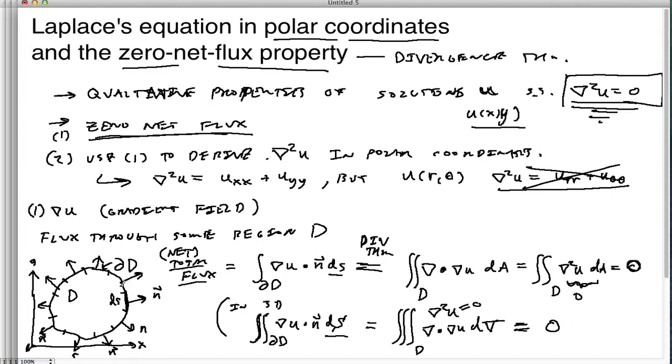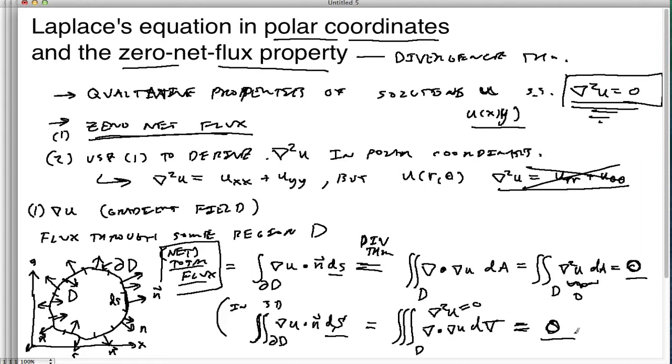So what this says is, we might have some thermal flux or some electric field flux going out, there'll be an equal and opposite amount of flux going in somewhere on some other portion of the boundary. So whatever goes in, there's some other part of the boundary that has a flux inward for every portion that has a flux outward. So the net balance, or the total flux, is always going to be 0.